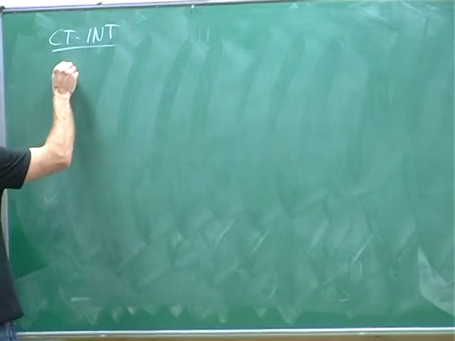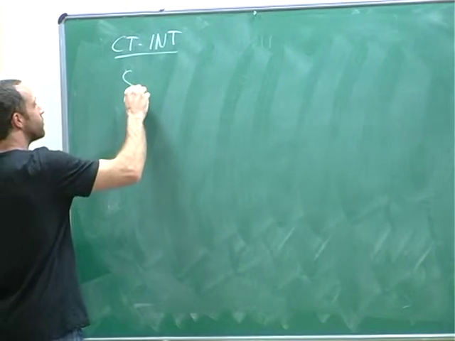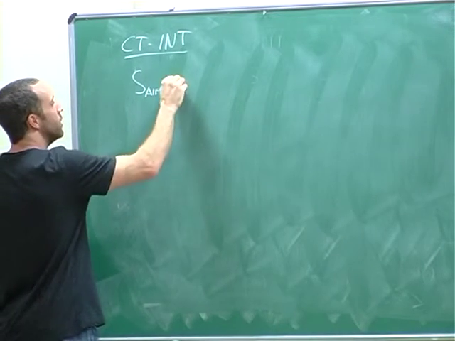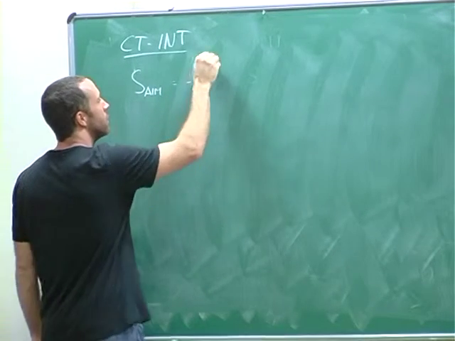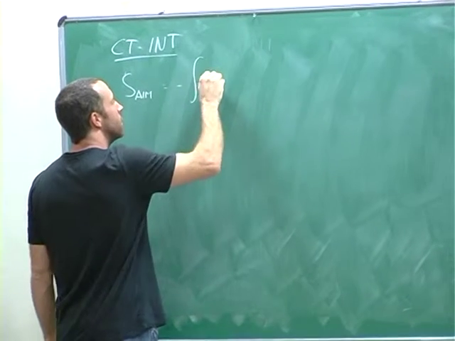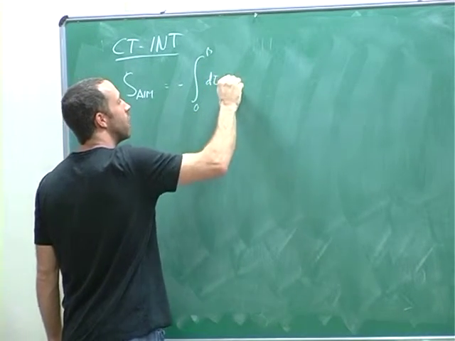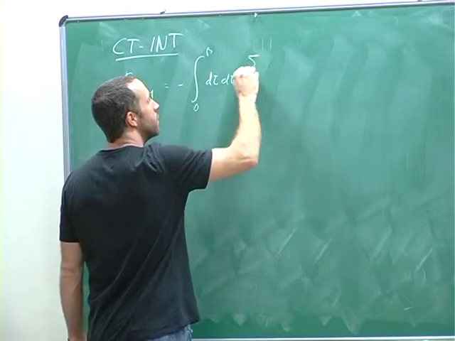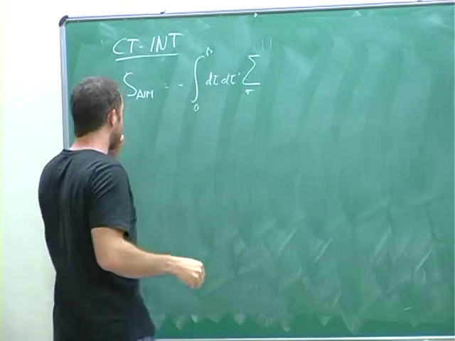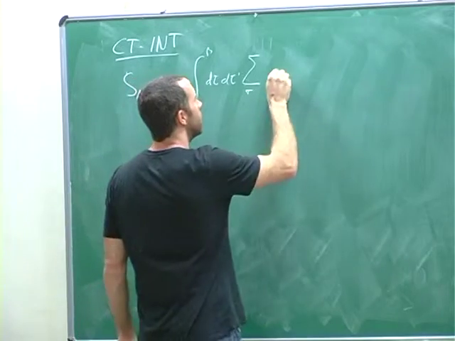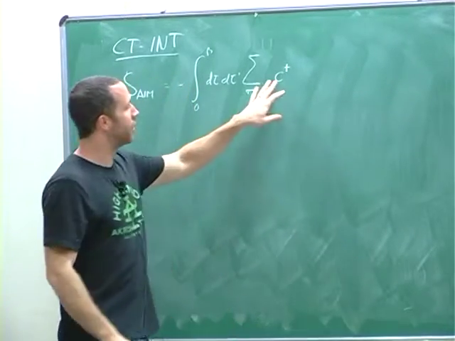So I wrote this earlier. The action of the Anderson impurity model is something which is minus the integral from 0 to beta, d tau prime, there's a sum over spin. I have to apologize.